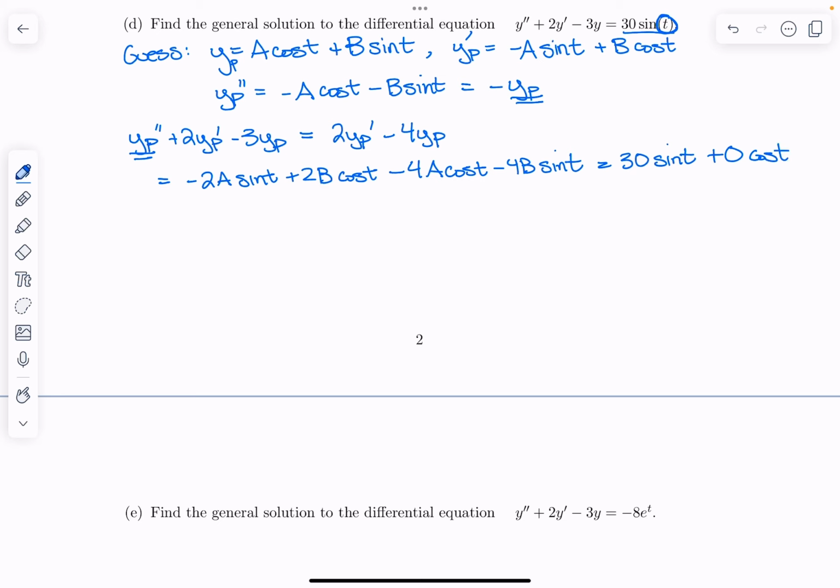So again, what I'm going to try to do is match the sine t's and the cosine t's. Here, I'm going to notice that sine t appears here, here, and here. And so if I just match the coefficients of sine t, I'm going to have negative 2a minus 4b must equal 30.